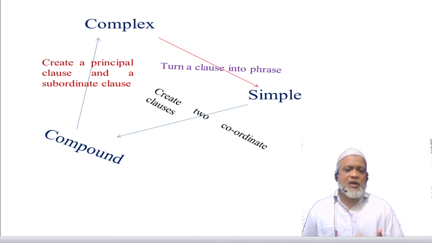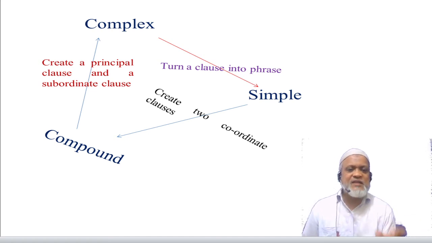In the same way, we can change a simple sentence into compound and complex. If we want to make it complex, we have to create a principal clause and a subordinate clause by using the materials found in the simple sentence.